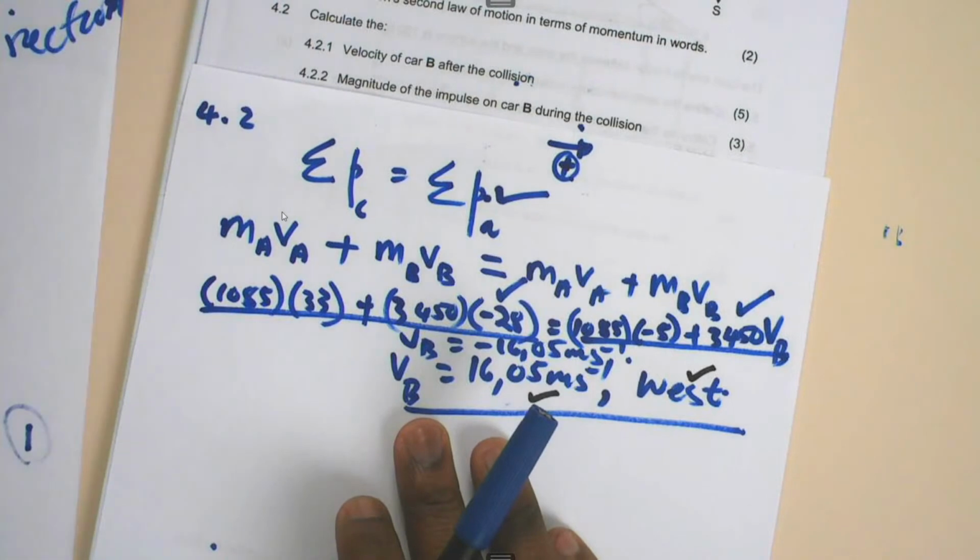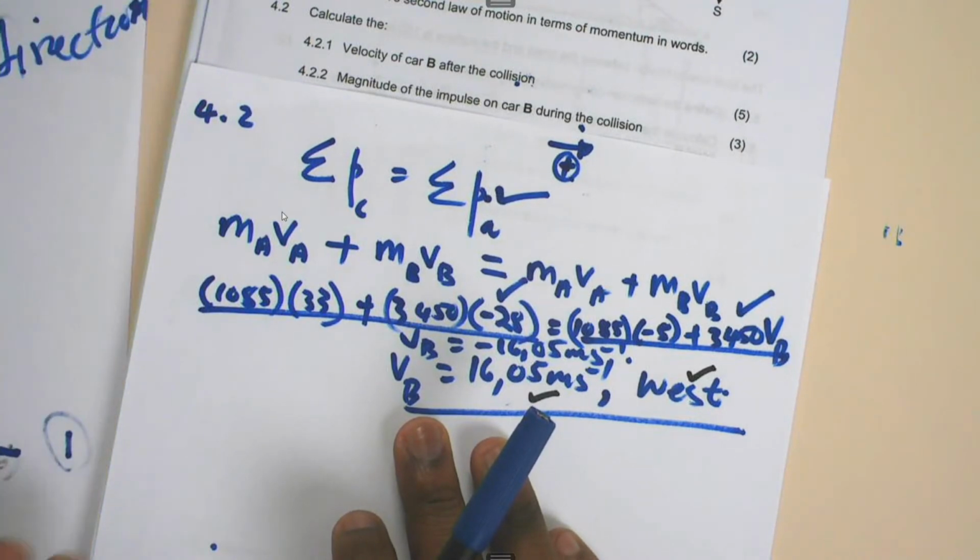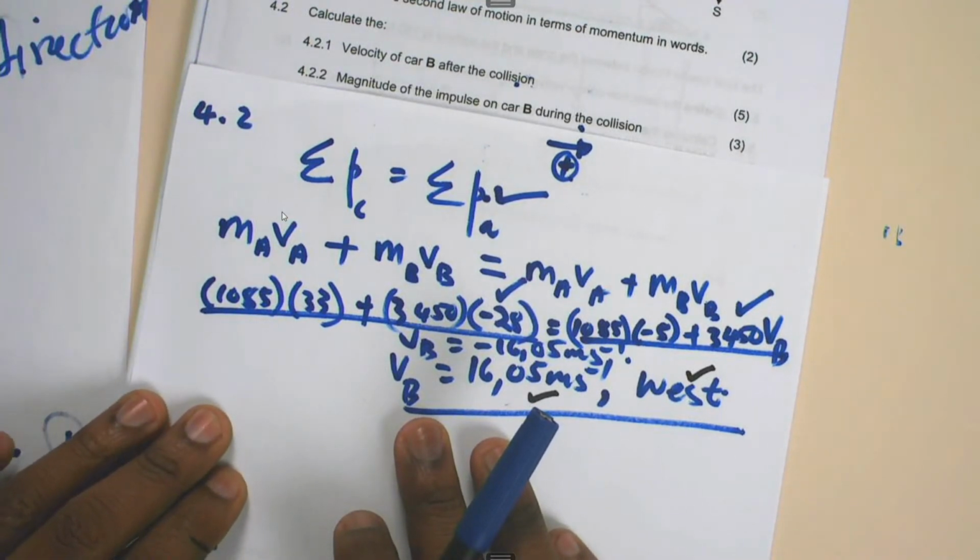It says now, calculate the magnitude of the impulse of car B during the collision.